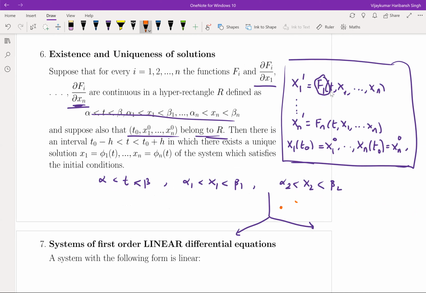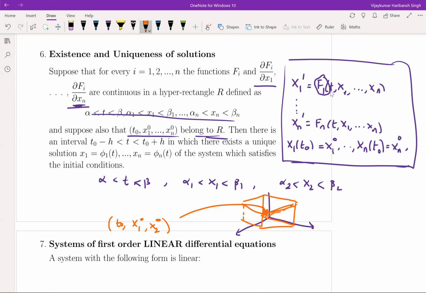And this point lies in some hyperrectangle which contains my t naught, x1 naught, and x2 naught. So instead of an interval, we have a rectangle now.